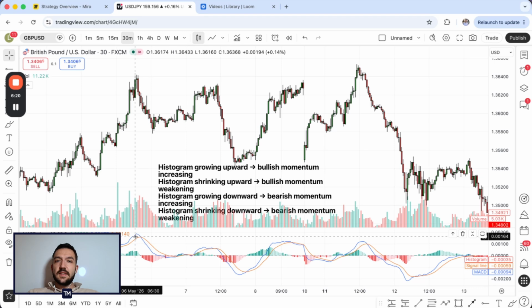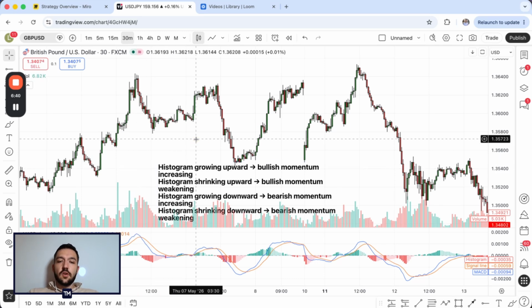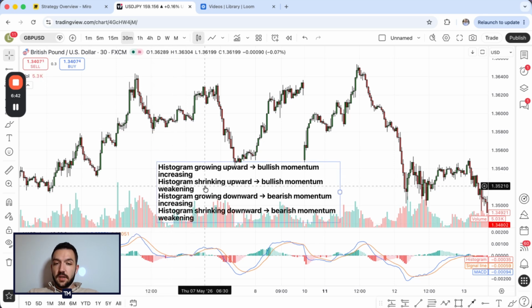Since the MACD is following price and signal is a smoothened version of that, that means that we have high momentum, and with very high momentum we're going up, let's say, and that is why MACD is rising so much faster, hence the difference is becoming greater and histogram is growing. So if histogram is shrinking upward, that means that bullish momentum is weakening, and vice versa for growing downward or shrinking downward.